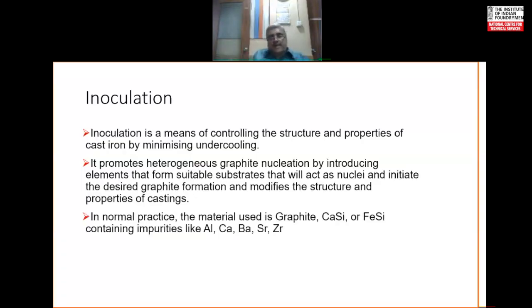In normal practice, people will use, or they were earlier using, graphite, calcium silicide, or ferrosilicon containing elements like aluminum, calcium, barium, strontium, zirconium, which provide the nuclei and which alter the solidification characteristics of the melt.